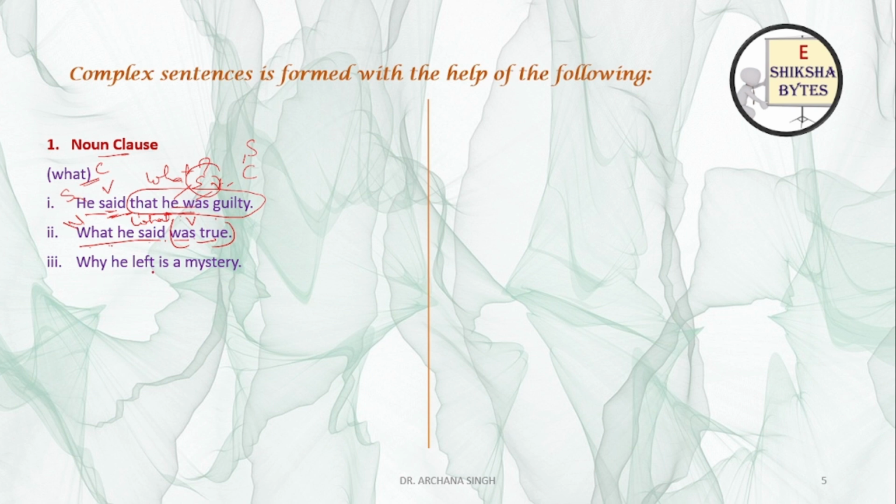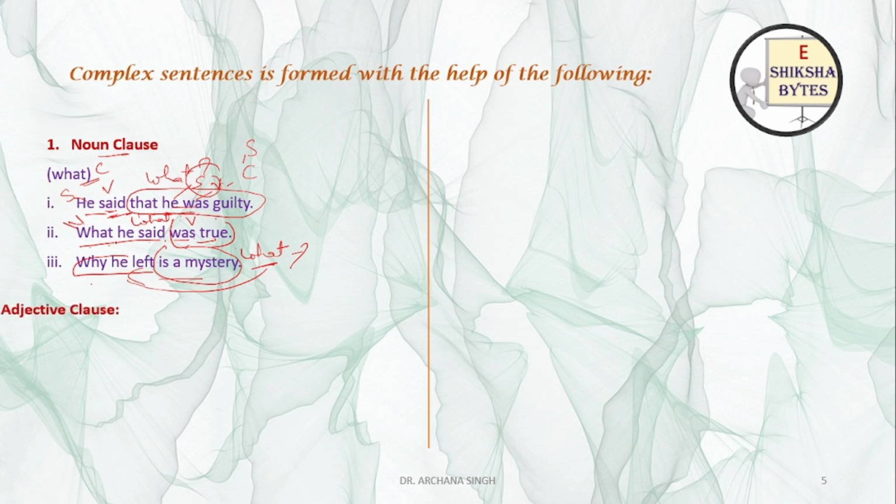Next: why he left is a mystery. If you read this portion, the question that comes to your mind is, what is a mystery? When you get an answer of what, it becomes your noun clause. So a noun clause generally, like a noun, takes the position of a subject or an object.